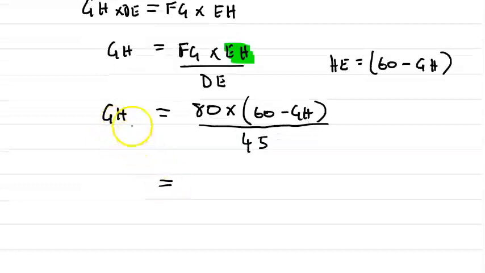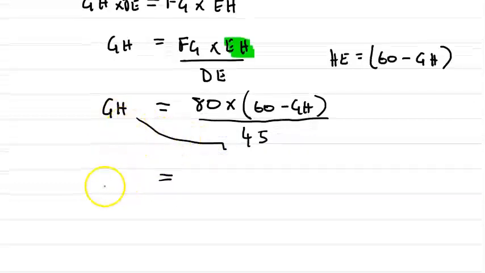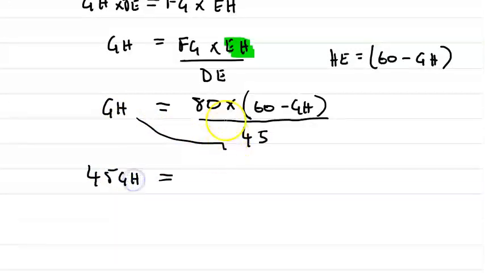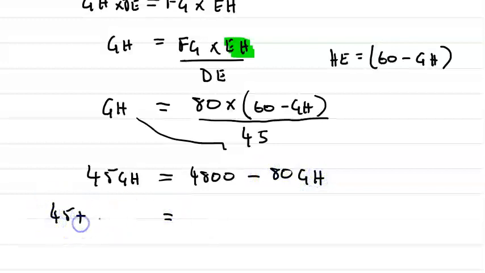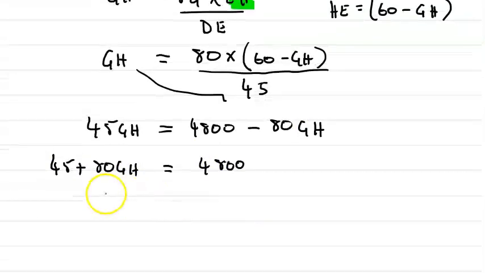So we've got 45 times GH is 45 GH. 80 times 60 will be 4,800, and 80 times GH is minus 80 GH. So we're going to get 45 plus 80 GH equals 4,800.